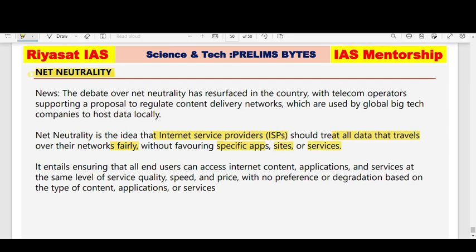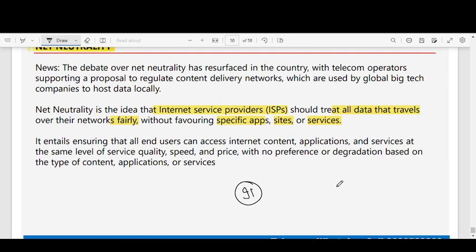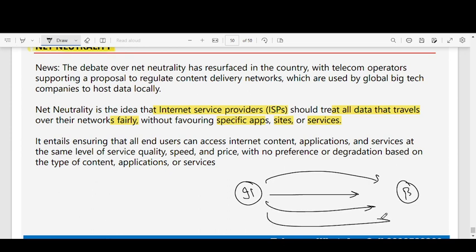For example, there is a ISP name as your I1 and it is providing network to user B. So all type of apps he is using, like he is using your Amazon, he is using Flipkart, he is using your any another app, say Swiggy, he is using Zomato.